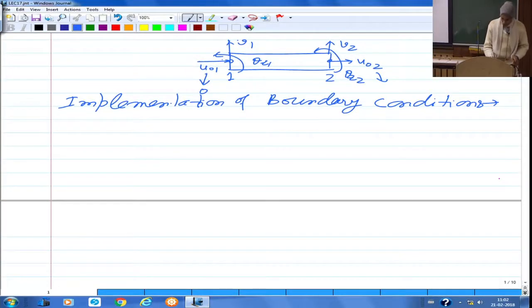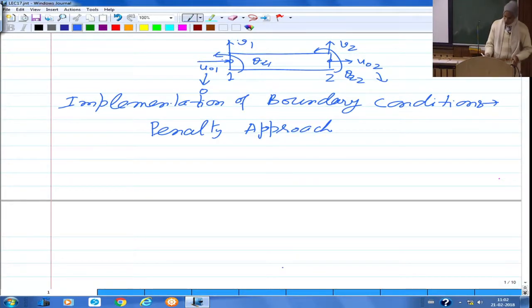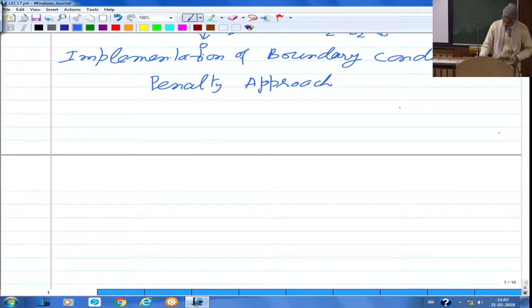Another is you can also use the penalty approach, not function. In this you have a set of equations. Since the question was asked, let me quickly explain this, although some of the things you should read. This should be kind of a self-study.